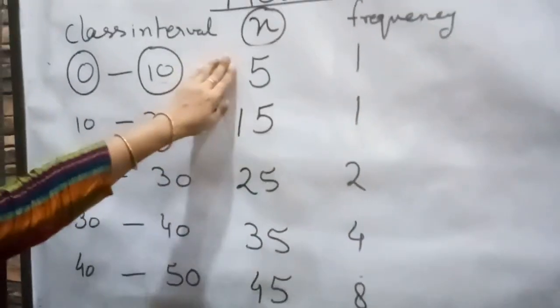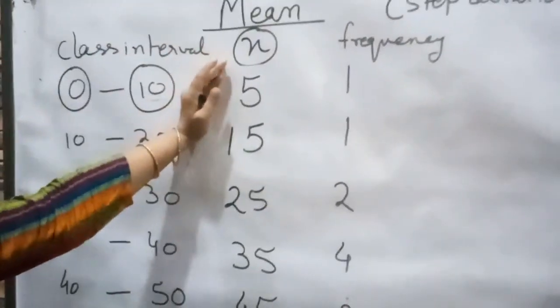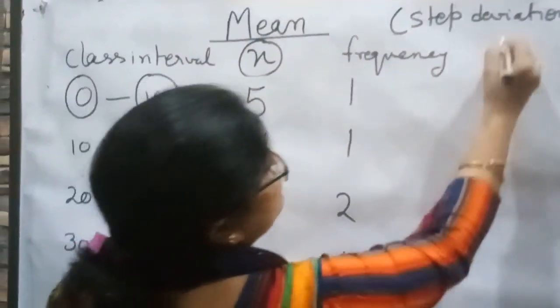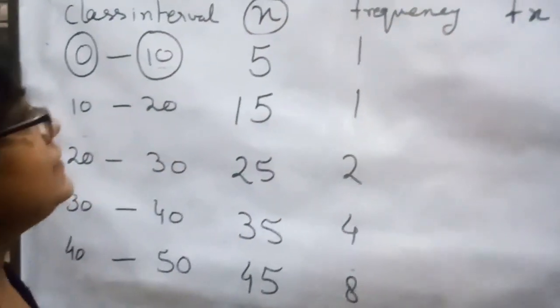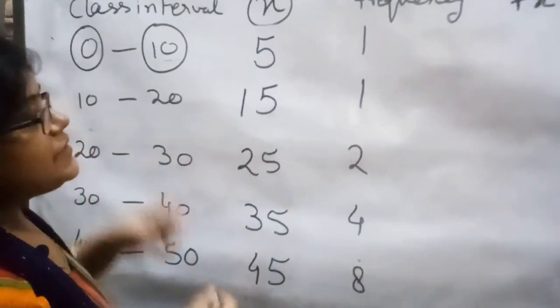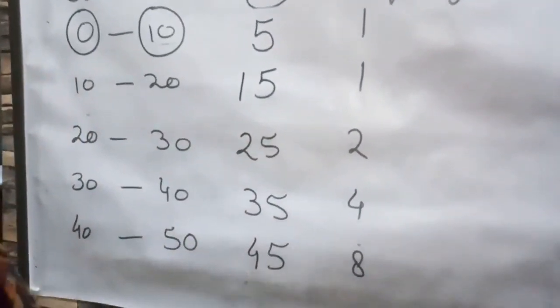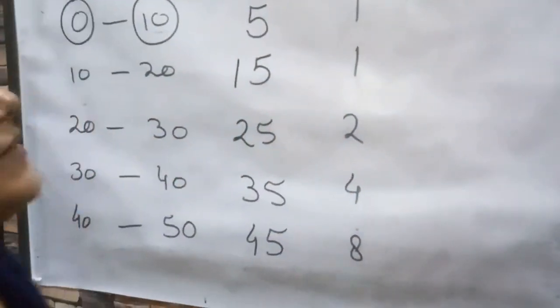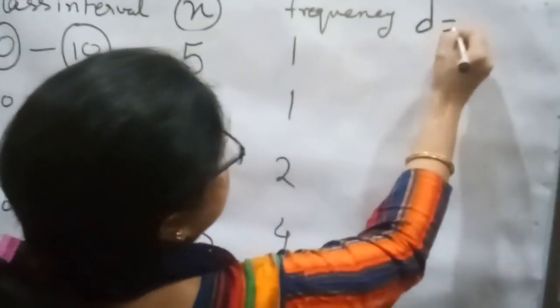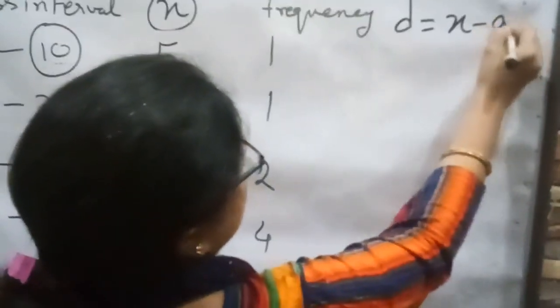Okay. Now if we don't want to use the step deviation, just multiply fx and find out the answer. But here I am going to tell you the step deviation method. In the step deviation method, we find a number d, which is x minus a over h.